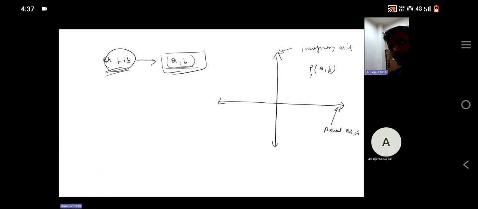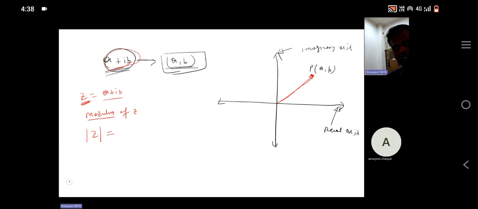Now, if you join this point with the origin, then the length of this radius vector joining the origin to this point is known as the modulus of the complex number a plus iota b. If you denote a plus iota b as z, then the modulus of z is denoted by mod z, and this is nothing but the length of this radius vector.